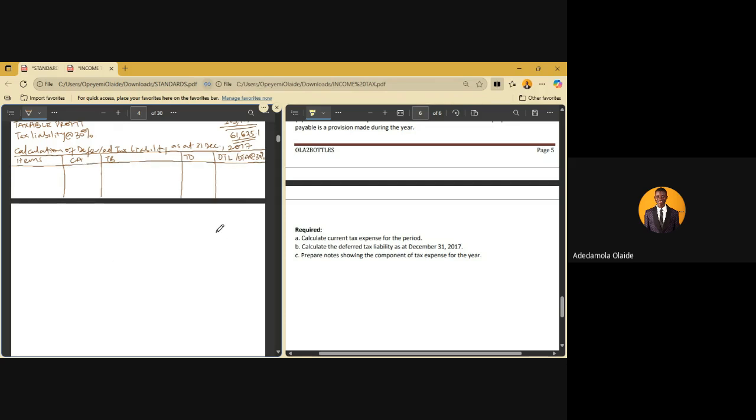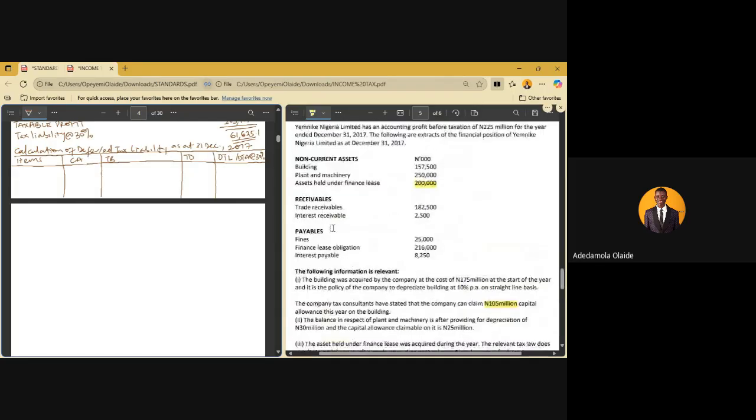The first item we have on our statement of financial position is building. For building, carrying amounts, don't bother yourself. Whatever you have on the statement of financial position is the carrying amount. That is 157,500. But the tax base will be the cost minus capital allowance.